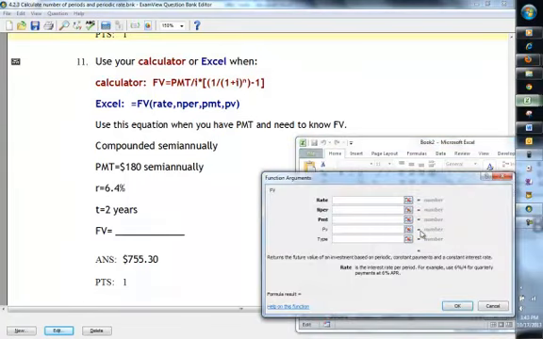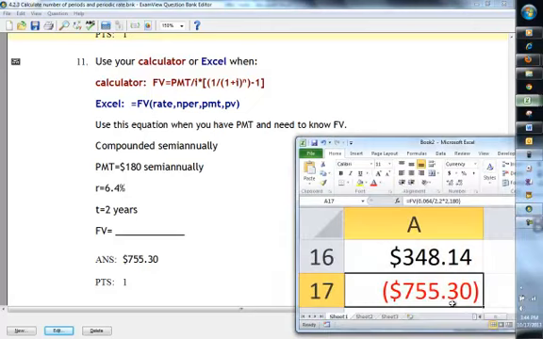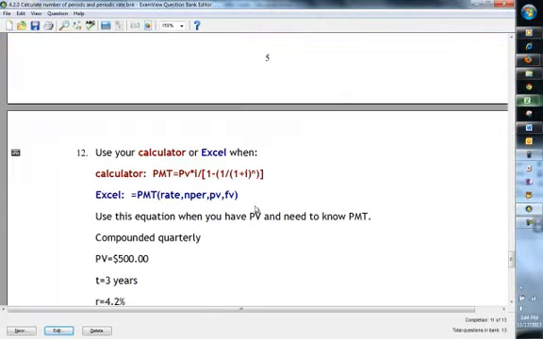It says 0.064 compounded semi-annually, so I'm going to divide it by 2. For 2 years, so multiply by 2. The payment is $180. The present value isn't given. We're looking for the future value, so it comes out to be $755.30.